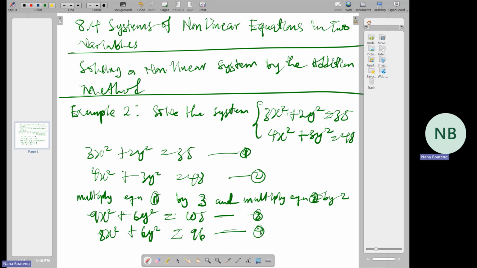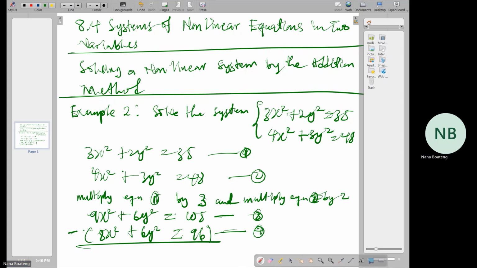If we subtract equation 4 from equation 3, what we will have is 9x squared minus 8x squared is x squared. 6y squared minus 6y squared is 0.